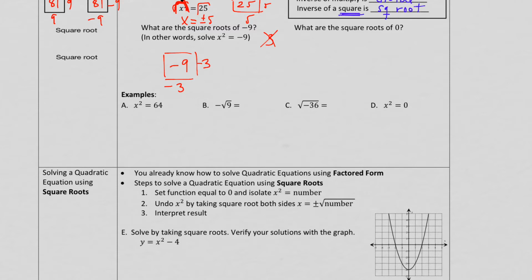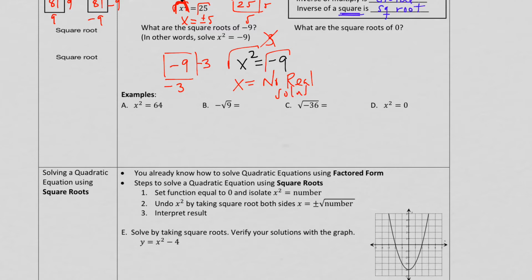So in this case, if I have x squared equal to a negative number and I try to solve it, I really can't find a solution. Whenever you have x squared equal to a negative number, it means you have no real solutions.